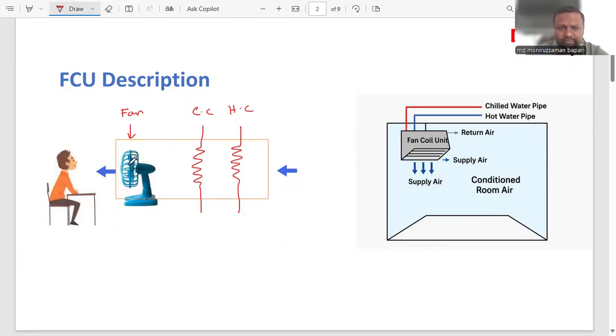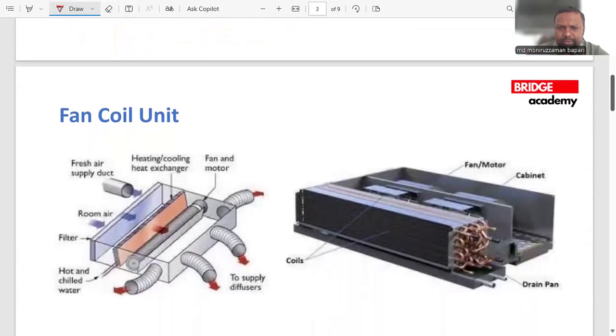So inside a chamber, there's a fan and there are coils or heat exchangers. The fan can be in front of the coils or can be backward, like in this place. There are different types of fan coil arrangements, different types of units.